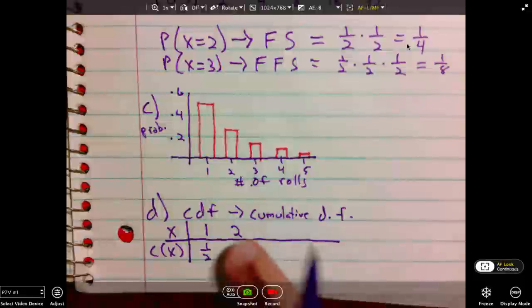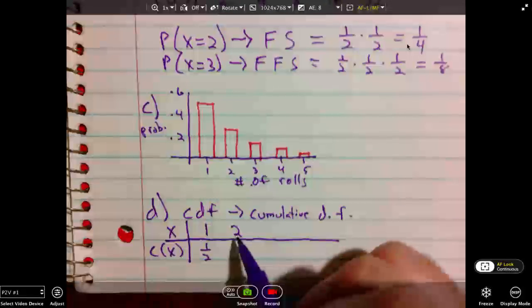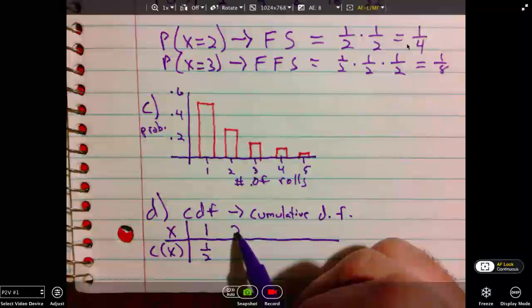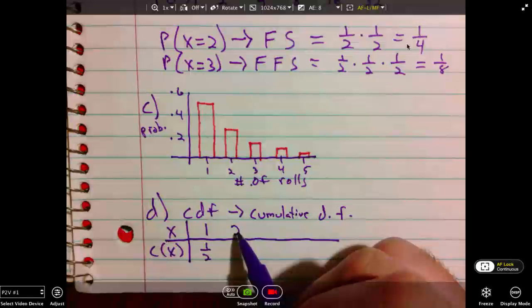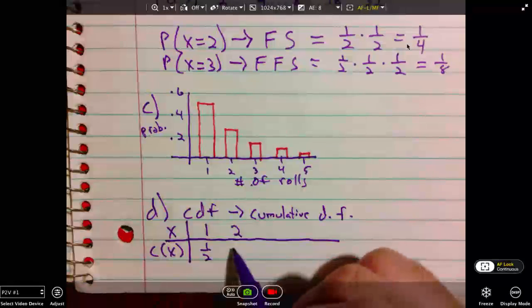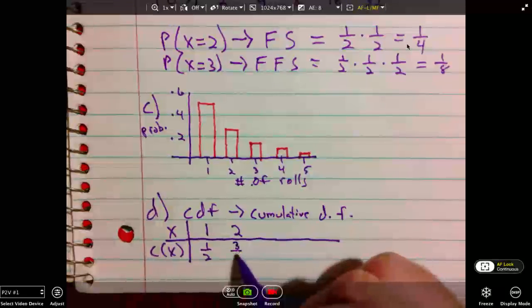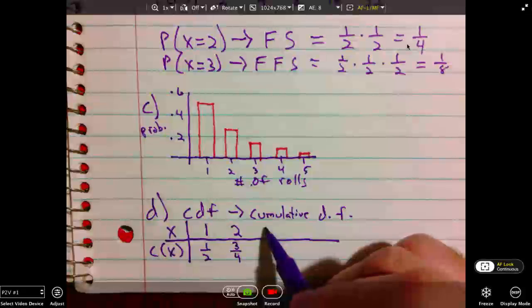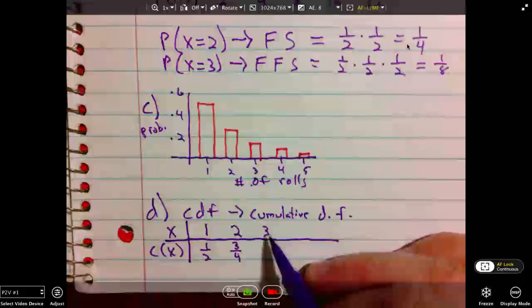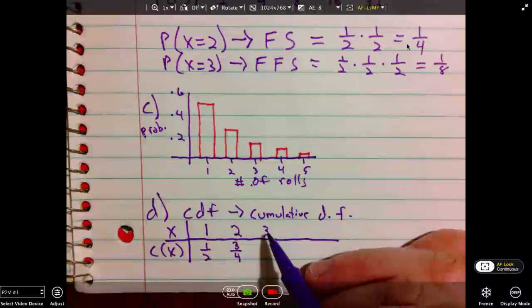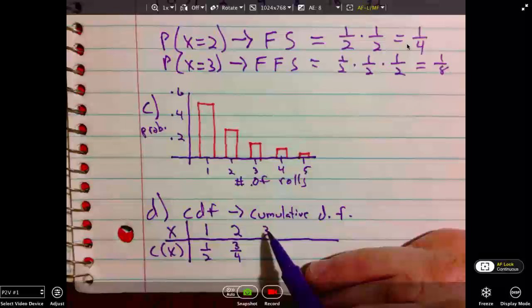Now 2. What we're saying here is, what is the sum of the probabilities for 2 and 1? Well, 2 was 1/4, 1 was 1/2. 1/4 plus 1/2 is 3/4. Now 3: we need 3, 2, and 1. That is 1/2 plus 1/4 plus 1/8.